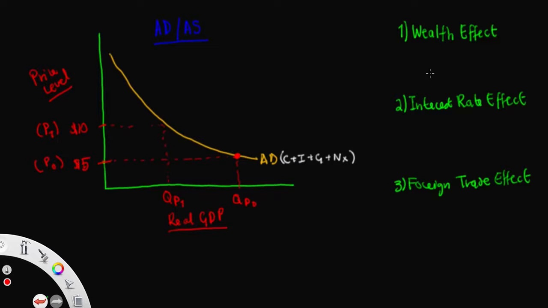The first reason is the wealth effect. So as your price level increases, your purchasing power, that means for every single person in the whole economy, let's say of the United States in this example, will have less purchasing power.